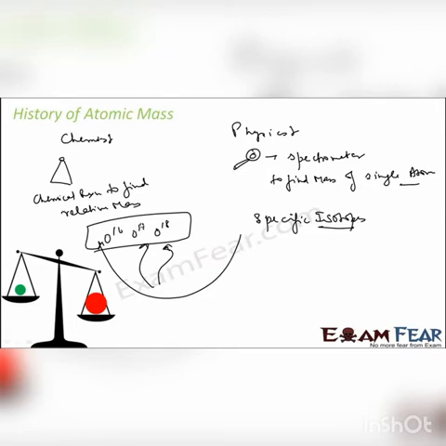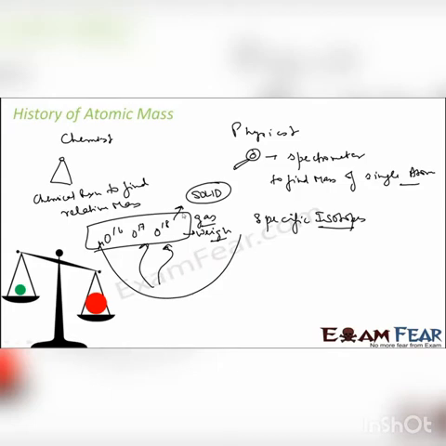Also, chemists were not very comfortable with oxygen. Why? Because oxygen is a gas. Since it is all because of chemical analysis, they have to weigh it, and weighing a gas is difficult. So they also wanted something solid, for example carbon, or iron, or aluminum, or gold.